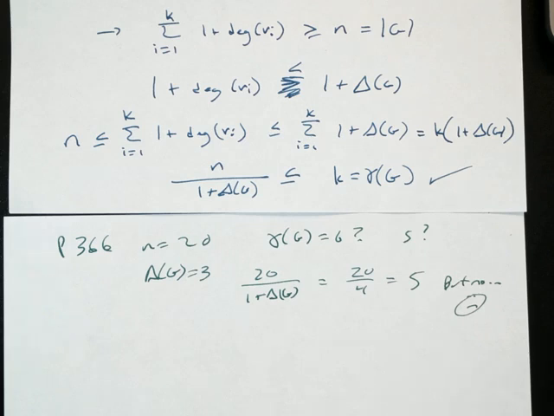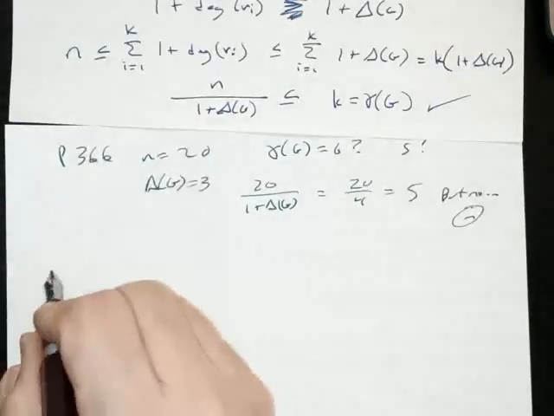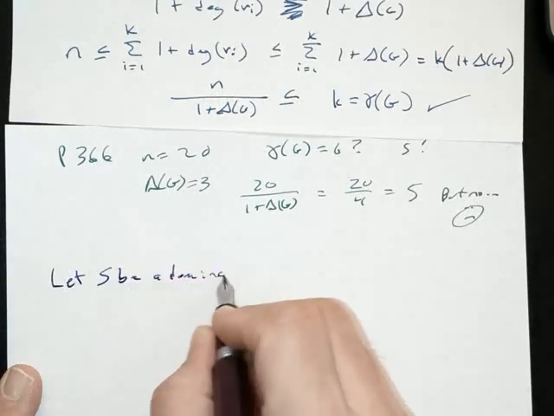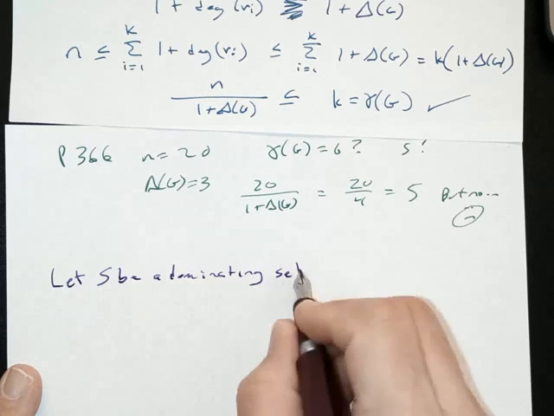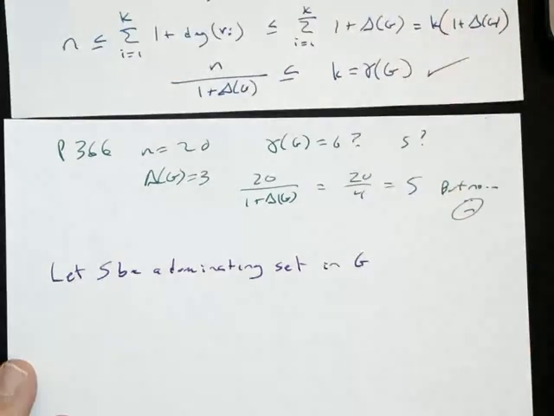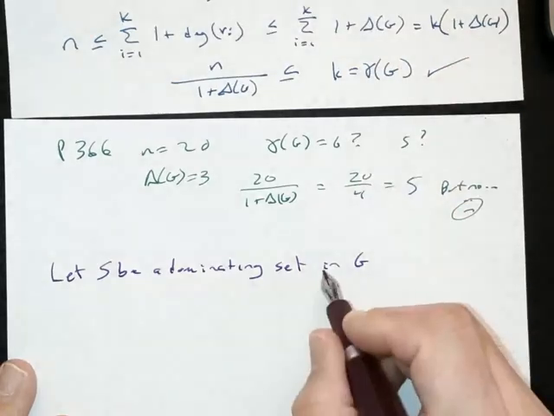But it might be adjacent to more than one vertex in the set. Which means maybe there are vertices in my set I can pull out. So let's suppose we have some dominating set of, not n, 4.